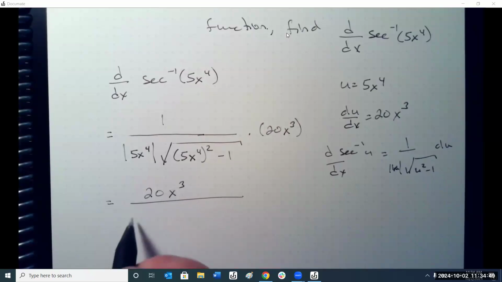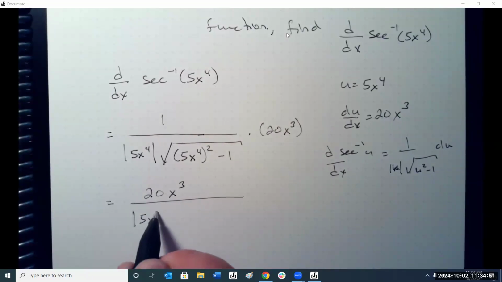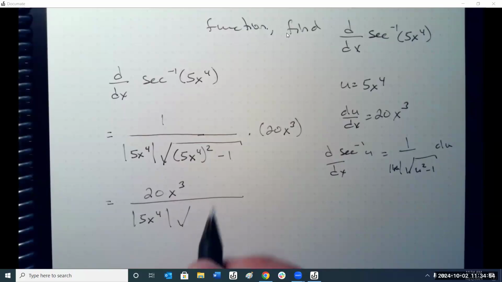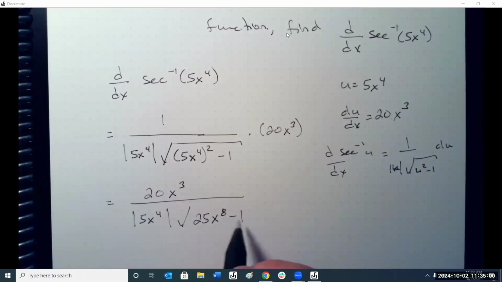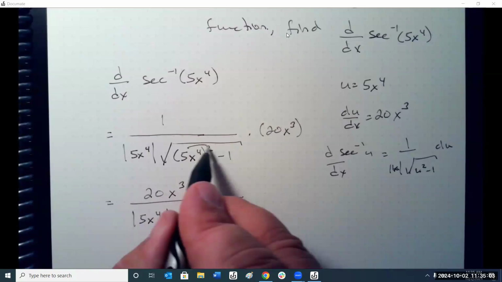That is 25x to the eighth minus 1, because we distribute that.